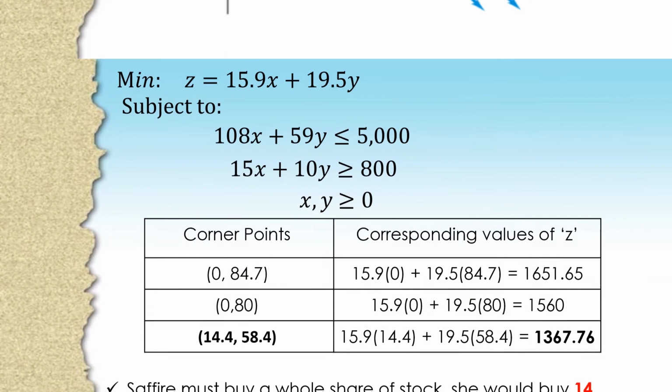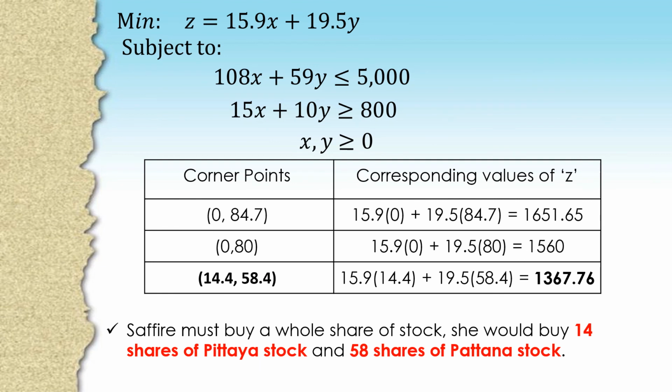So using the corner points, we are going to substitute them into the objective function. And then as you can see here, at (14.4, 58.4), it produces 1367.76, which is the lowest value.